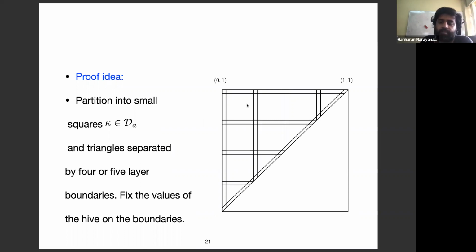When you have that, what happens in one piece here is completely independent of what happens in another piece here. The reason is that all the rhombuses which go from one side to another cannot cross from the interior of one of these into the interior of the other. They'll get stuck in the boundary because the boundary is very thick. It's 4 or 5 layers. These rhombi have small diameter.